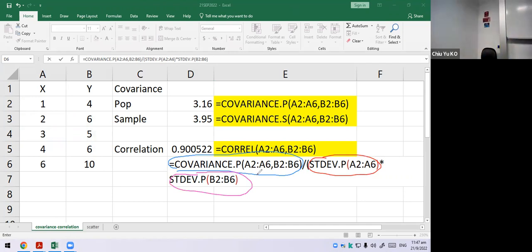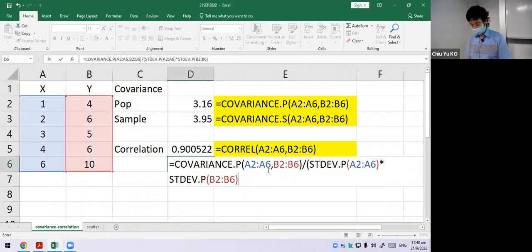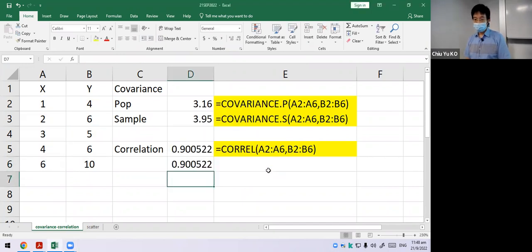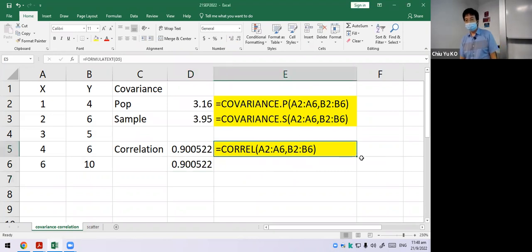Once I push the enter, you should see the result should be 0.905. Okay, because this is another way to calculate correlation. So I hope this is clear. Now I enter. Okay, so it gives me the same result.